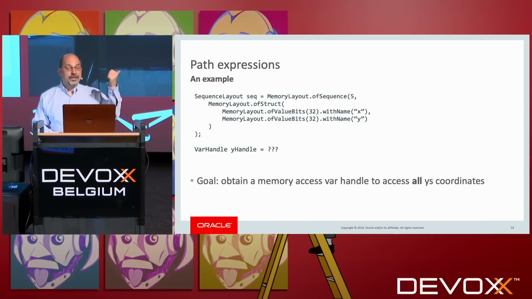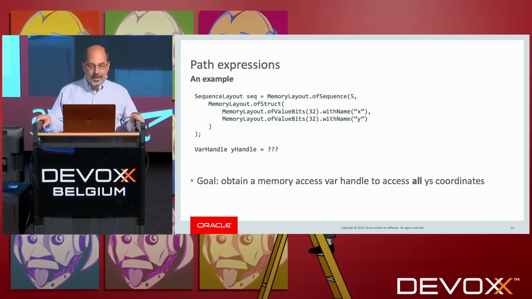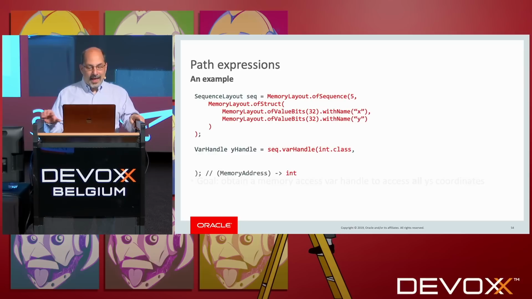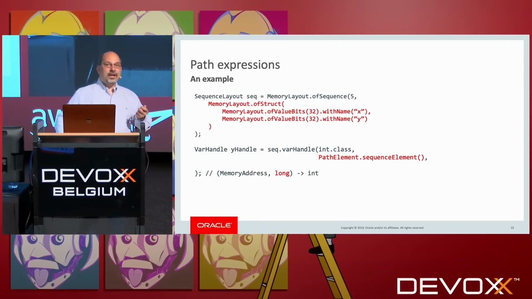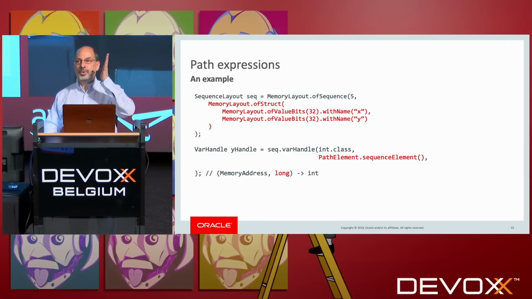Here's the layout that I just put on the previous slide, and I want to get a memory access var handle that describes all of the y values, parameterized by the base address of the segment and the index. I'm saying, take my layout and give me a var handle for it. The type of the var handle is going to be int, so I'm reading or writing an int, and the first coordinate I'm going to pass you is the index into an array.